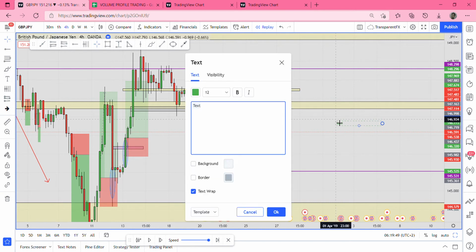So, we were kind of ranging, in the purple area, right? I was waiting for price to break below the level on the 4 hour.